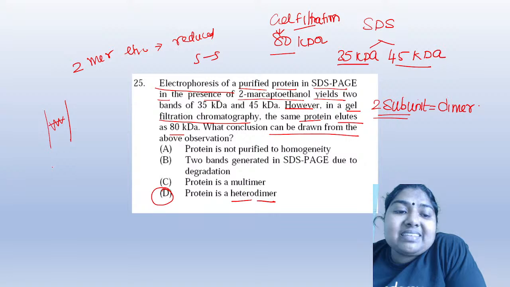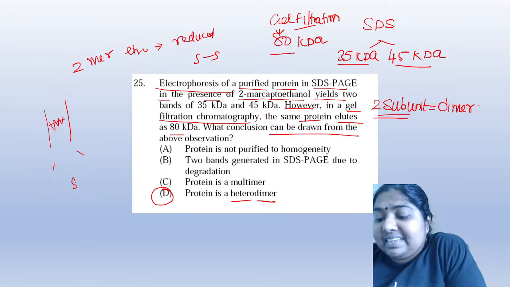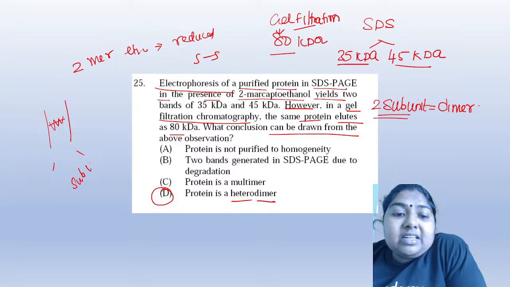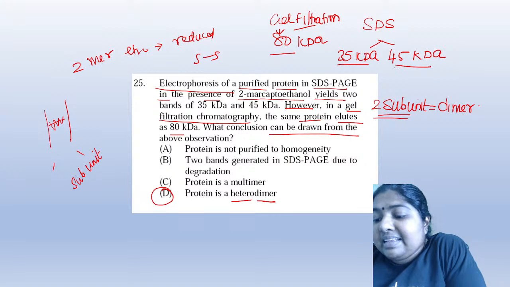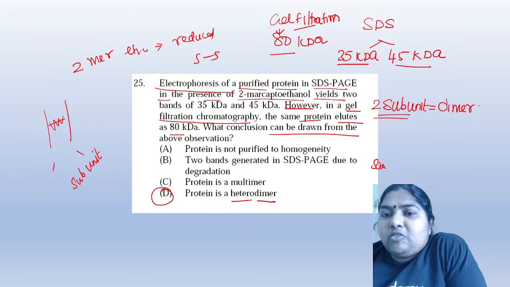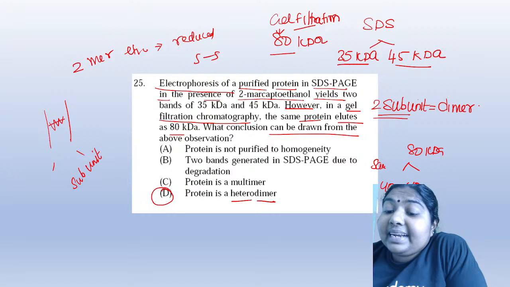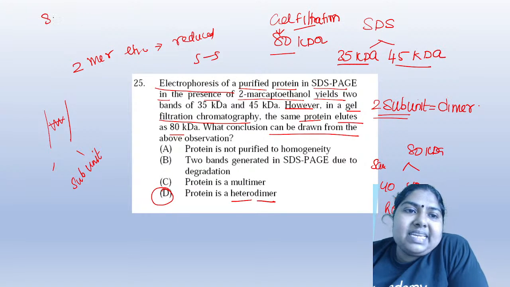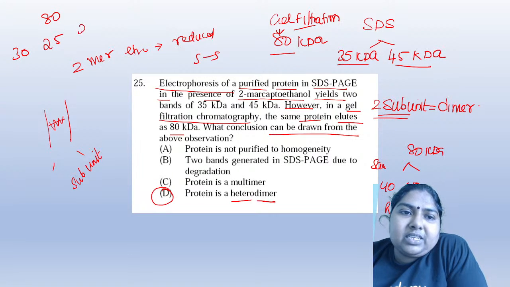When the bridge is released, it shows single subunits. Correct, Prachi? That is why you got two subunits. If the subunits have the same molecular weight, for example the original is 80 kilodalton and these are 40 and 40, then you may think it is a homodimer. Okay, right. If it is 80 and I got fragments like 30, 25, 25.